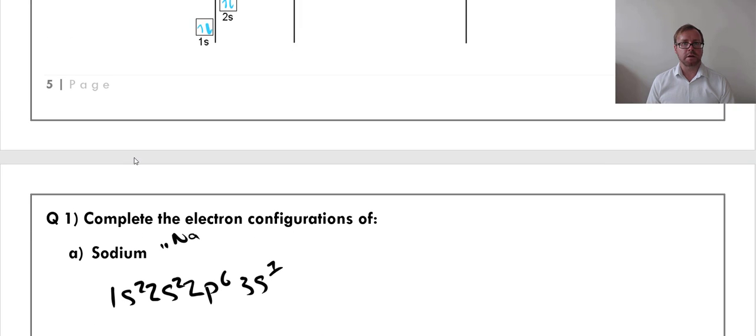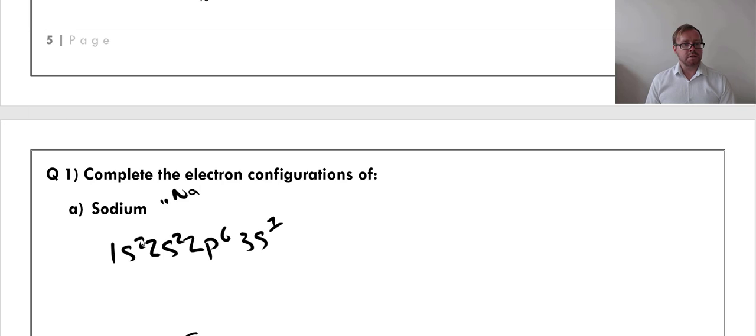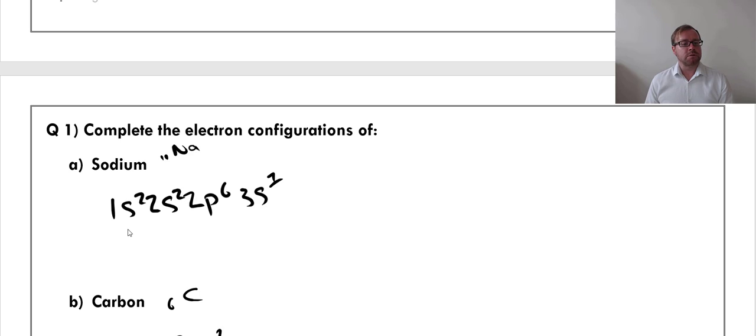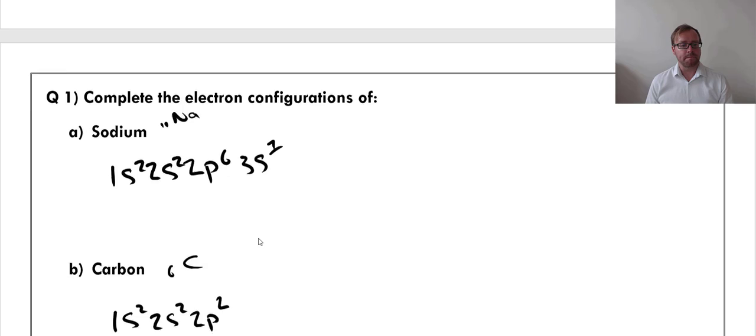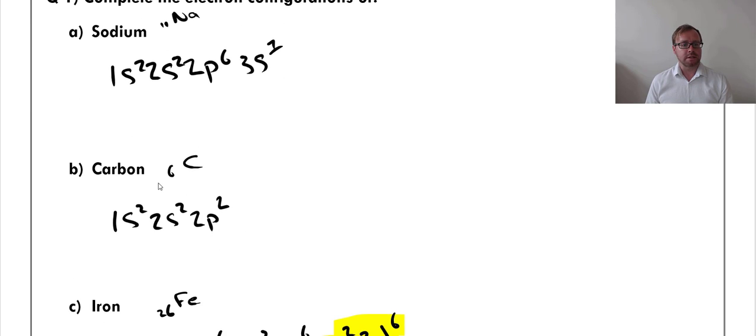Okay, right, let's see how you got on. Sodium has an atomic number 11, which means it has 11 protons, which means it also has 11 electrons because it's a neutral atom. So the electron configuration would be 1s2, 2s2, 2p6, 3s1. Carbon has 6 protons, therefore 6 electrons. I'm not going to keep saying that.